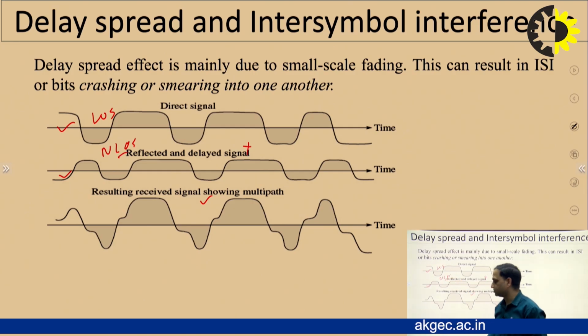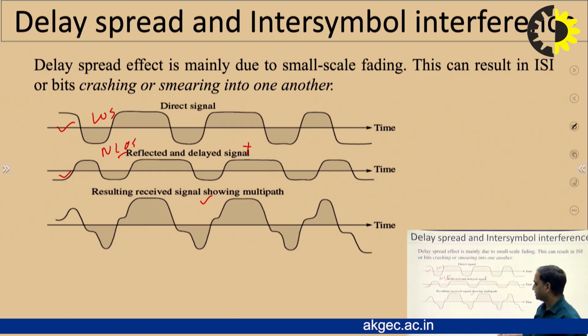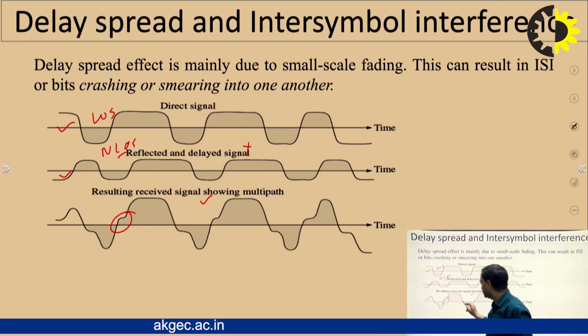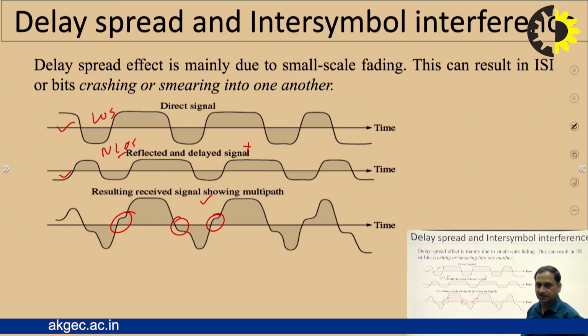This is a distorted signal at the receiver side. Because of this type of distortion, it is very tough to detect the proper signal, and because of that, ISI or intersymbol interference can occur.